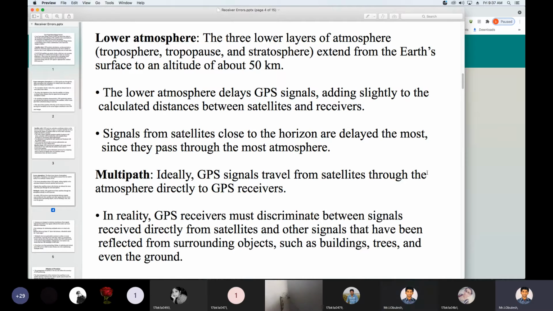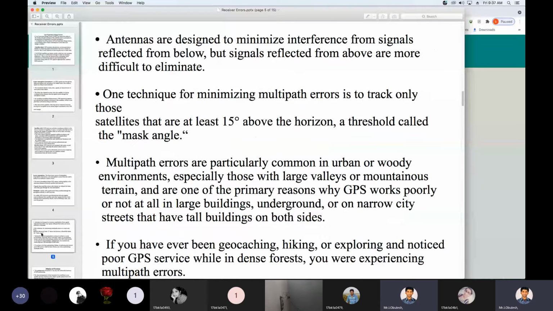So these are the reflecting areas that reflect GPS signals.